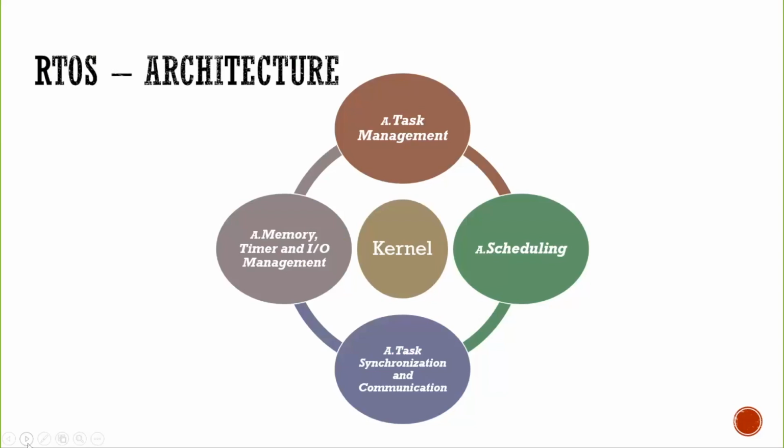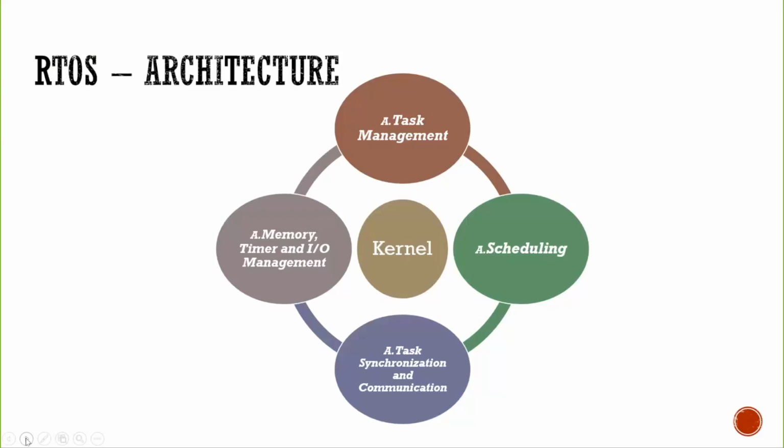You have different types of algorithms, such as cooperative scheduler, static priority-driven scheduler, in which you can find the rate monotonic scheduling. You have dynamic priority-driven scheduler, in which you can find the earliest deadline first algorithms, and you have round robin.